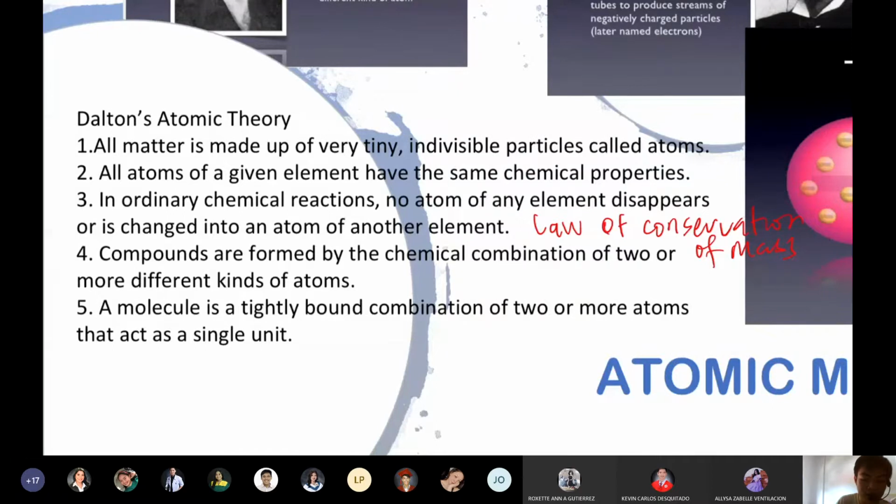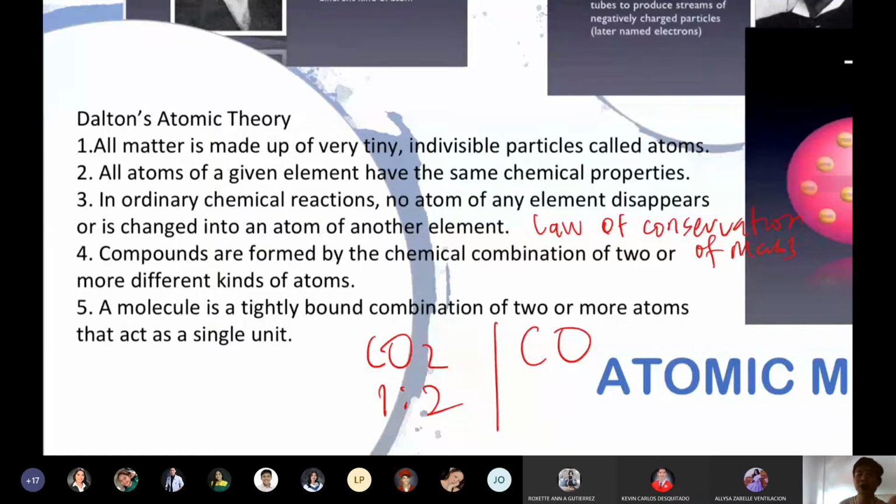For example, carbon dioxide and carbon monoxide, no? So for carbon dioxide, the proportion of carbon to oxygen is 1 to 2. That means for every carbon, there is 2 oxygens, no? And that corresponds to just one compound with one behavior, no?